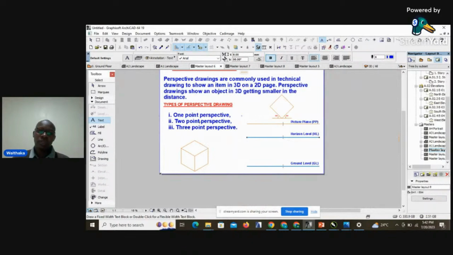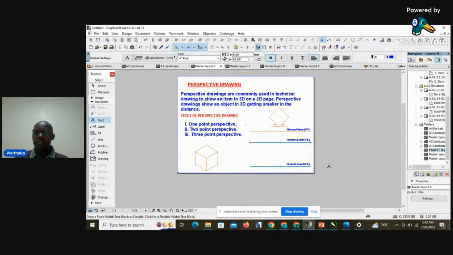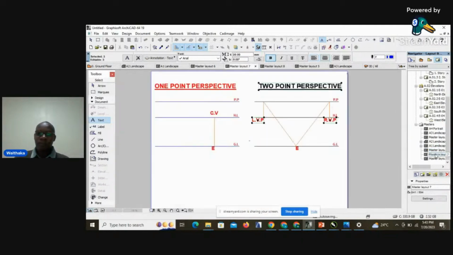For this case, we'll deal mostly with two-point perspective for this session. So therefore, let us see further how the perspectives are organized. How is a one-point perspective organized, and how is a two-point perspective organized.